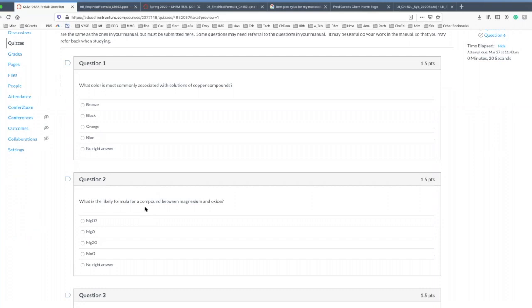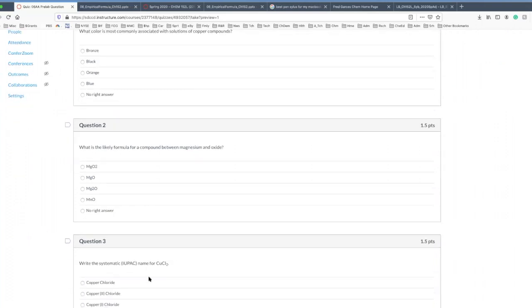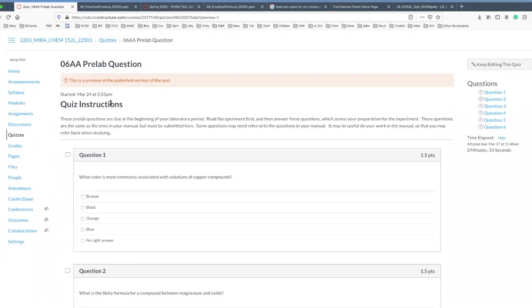What is the likely formula for a compound between magnesium and oxygen? Write the IUPAC name for CuCl2. So those are the pre-lab questions that you find in your lab manual. Let me get out of here. So you answer those too, okay?